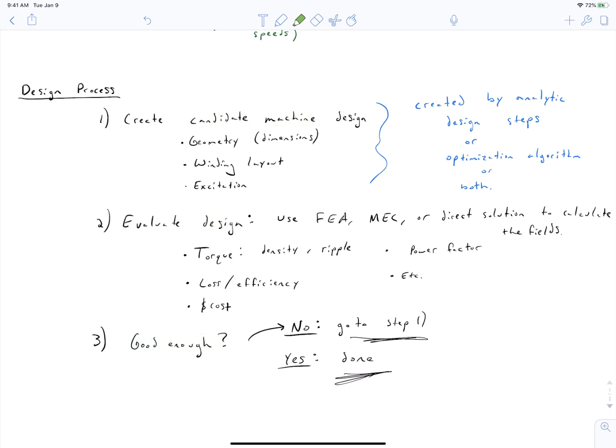And this gets into the need to be able to calculate the magnetic fields in the cross-section of our machine, which ties together our class units on finite element analysis, magnetic equivalent circuits, and our simplified techniques to the direct solution of Maxwell's equations for fields.